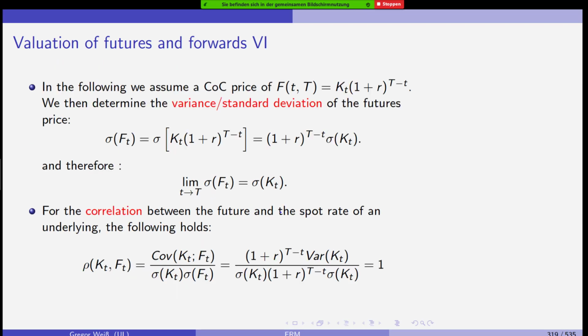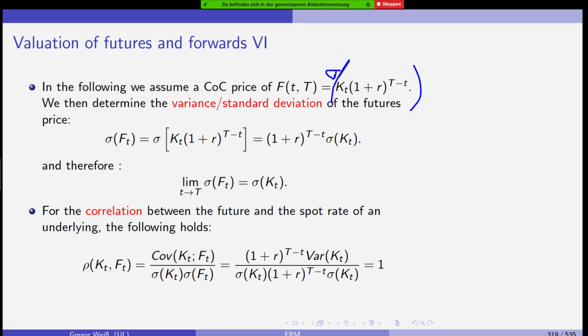Now, in the following, we assume a cost of carry price of the future equal to the spot price times 1 plus R, compounded over the remaining term of the future, capital T minus small t. Then let's determine the variance and the standard deviation of the future's price. So just use this and calculate the variance of this, or the standard deviation.